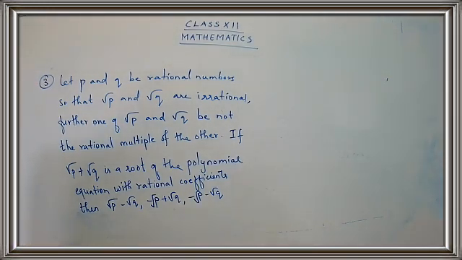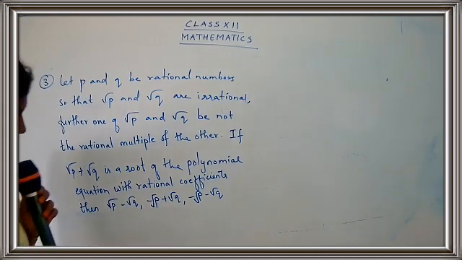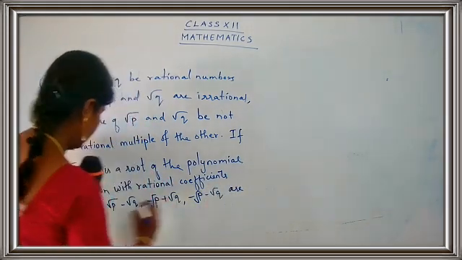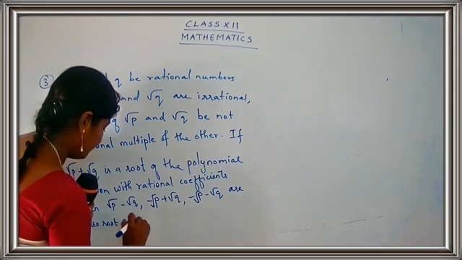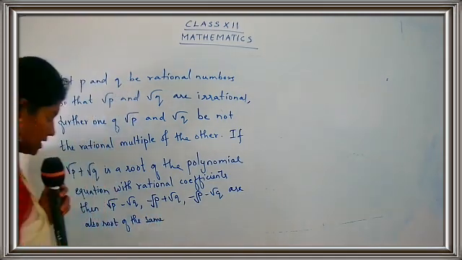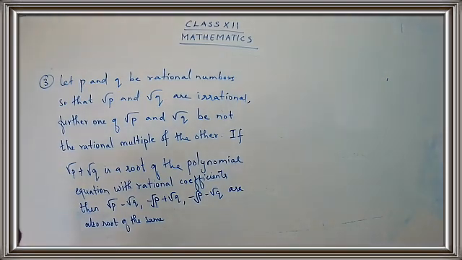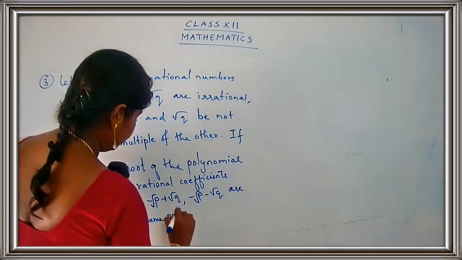So if you take root P plus root Q as one of the roots, then you can consider root P minus root Q, minus root P plus root Q, minus root P minus root Q as roots of the same polynomial equation.